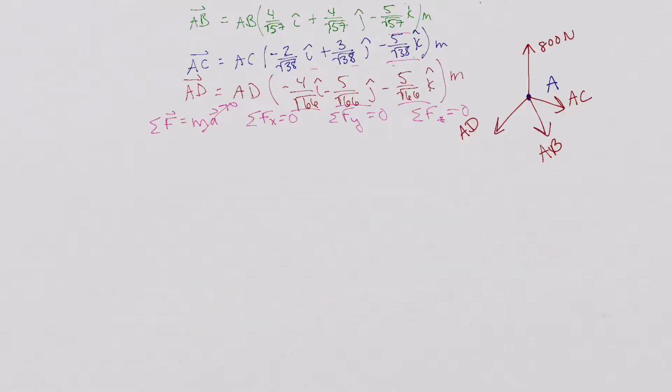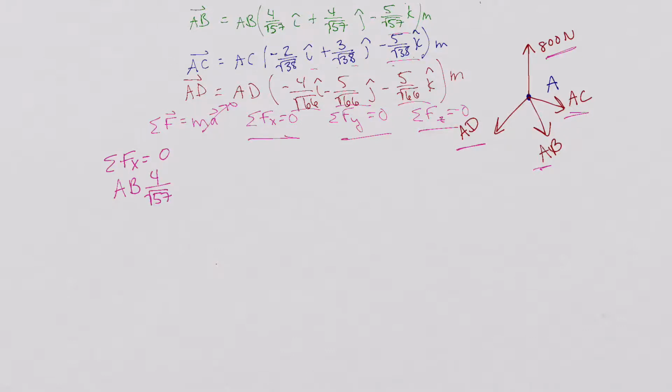Alright, so I just copied those formulas over for the different vectors. So now we know something about AD, AB, and AC, and then we know this 800 Newton force that's going straight up. So now we can look at these three equations. Let's do the sum of the forces in the x direction equals 0. AB has an x component. That would be AB times 4 over the square root of 57.